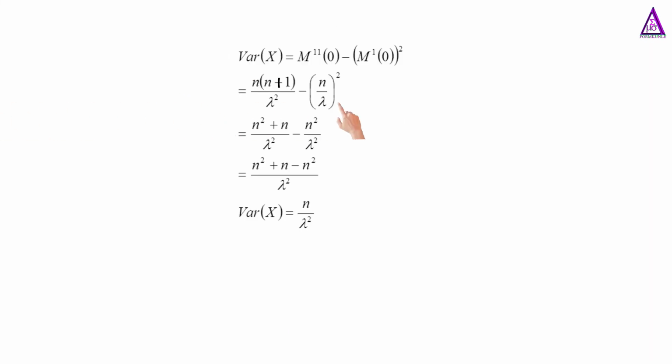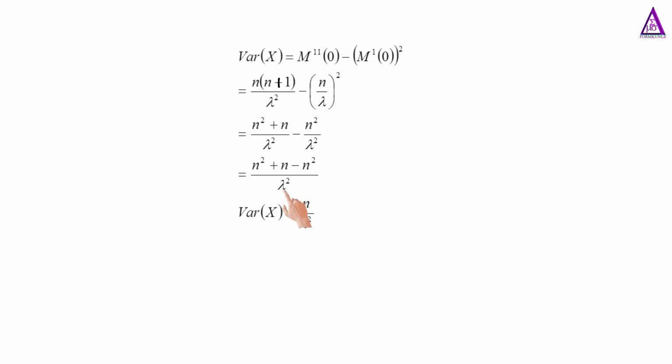So the variance of the gamma distribution using the moment generating function is now equal to n(n plus 1) divided by lambda squared minus (n divided by lambda) all squared. Now opening this bracket, we have (n squared plus n) divided by lambda squared minus n squared divided by lambda squared.